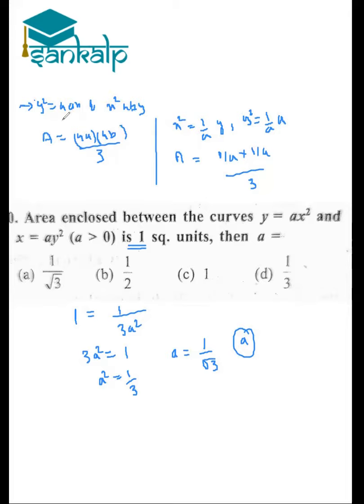Comparing the first equation, in place of 4a we have 1 by a, and in the second equation in place of 4b also we have 1 by a. So substituting and simplifying, we get a is equal to 1 upon root 3.